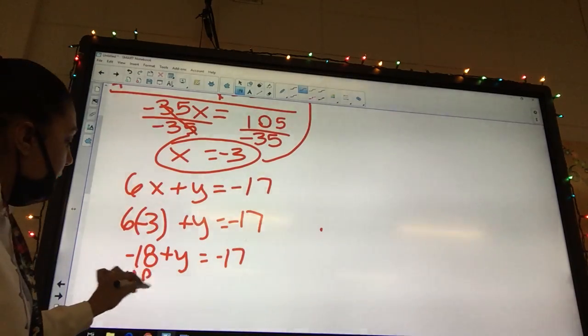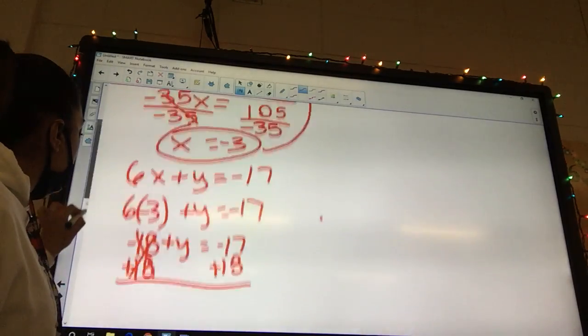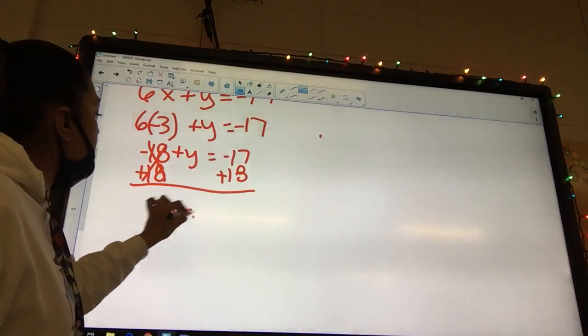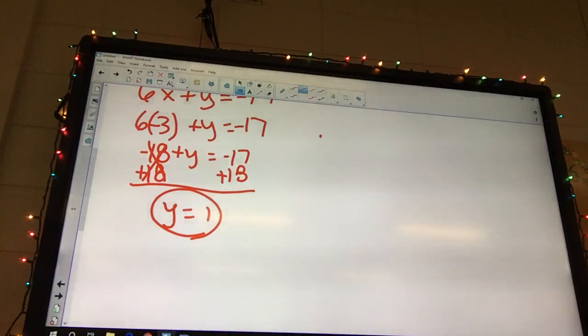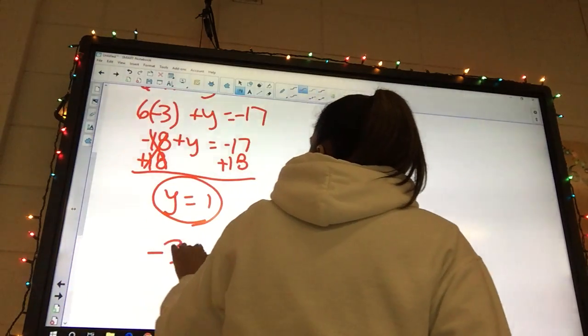And then I can add 18 to both sides. So I got y equals 1. So my coordinates are going to be negative 3, comma 1.